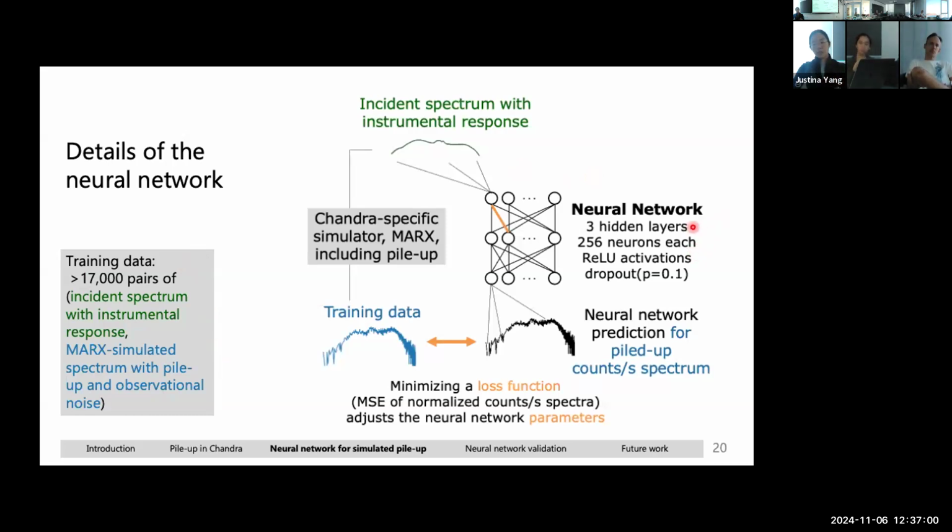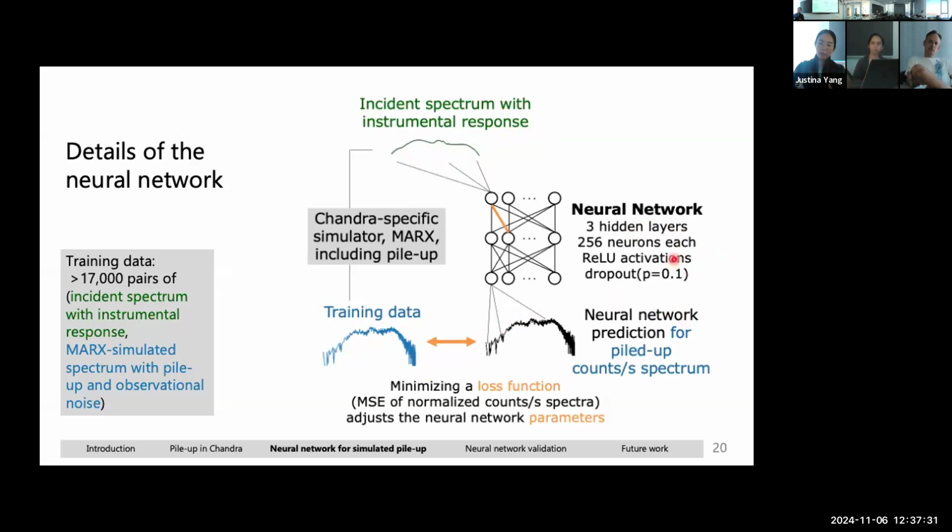The input to the neural network is, again, this spectrum that includes the instrumental response but no pileup. So, for example, in this spectrum that I've put up here, the overall shape with these 3 slight peaks in it comes from the shape of the ARF. The training data, which the neural network treats as the target that it attempts to match, is the simulated spectrum from MARCS.